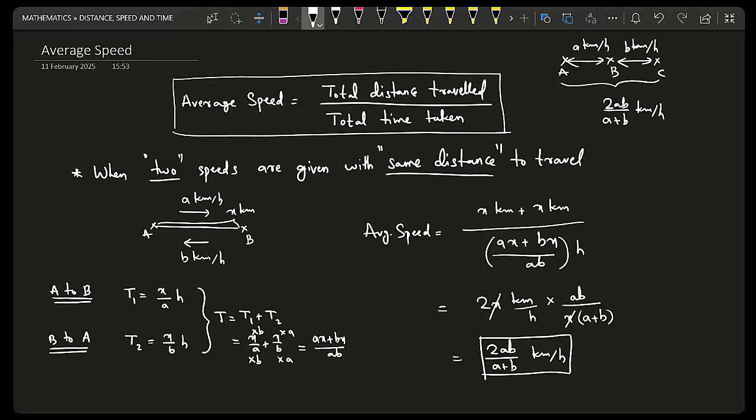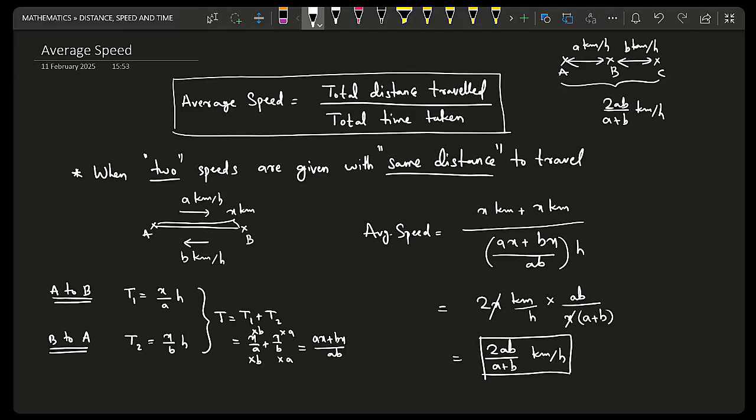For the auto drivers or the bikers or the cars, they'll feel some traffic, right? When traffic is there, are we going with less speed or more speed? Less speed. The distance between the 2 points is the same. School to home is the same and home to school is the same. Distance is the same, but while coming you are coming with a greater speed, and while going you are going with a slower speed, right?